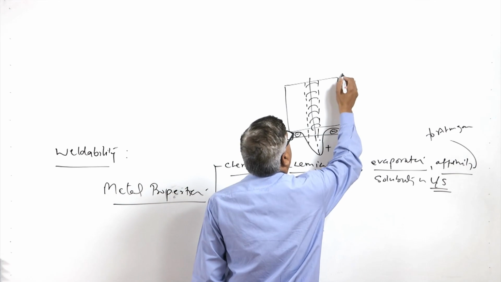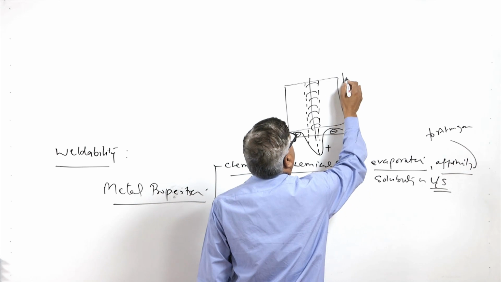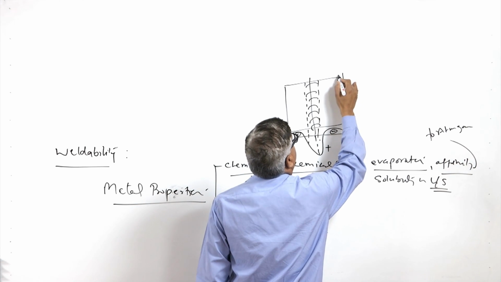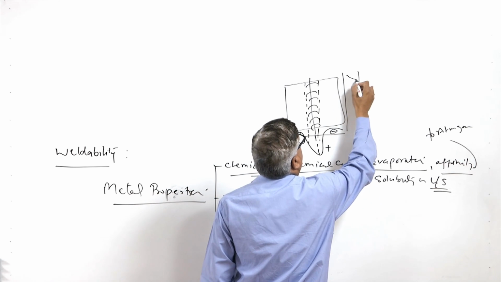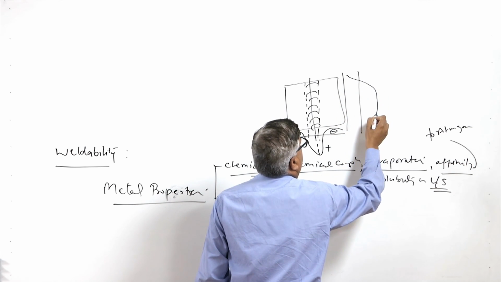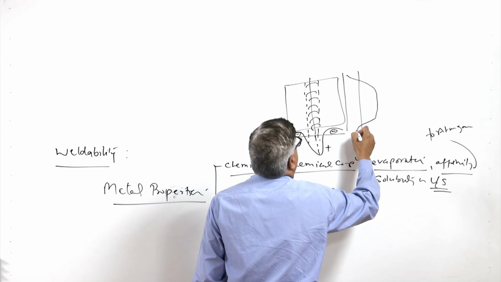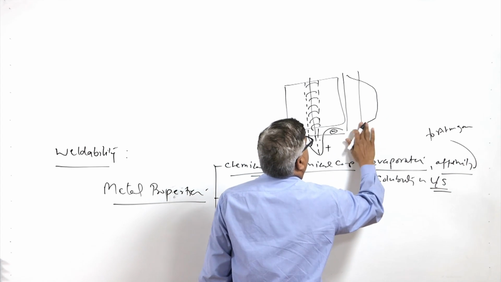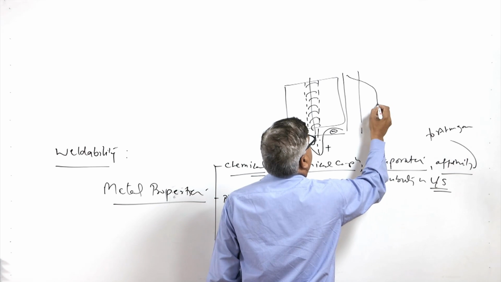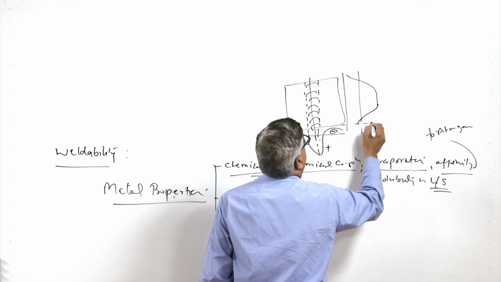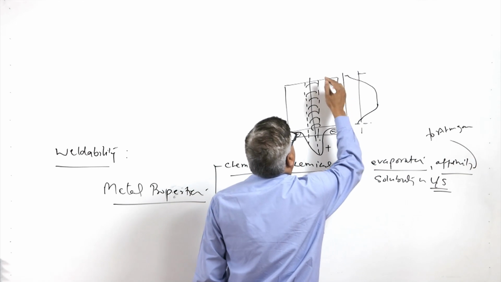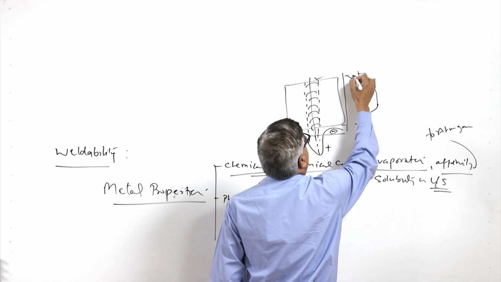If we see for the longitudinal direction, the residual stress magnitude changes like this. Near the edges the residual stresses become compressive.